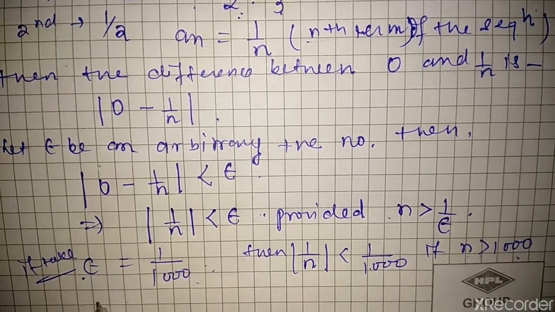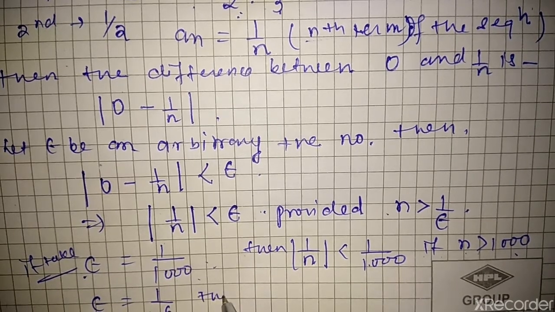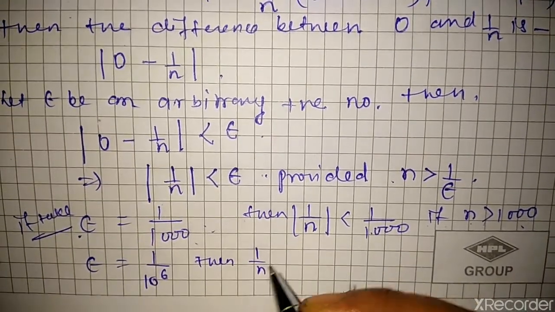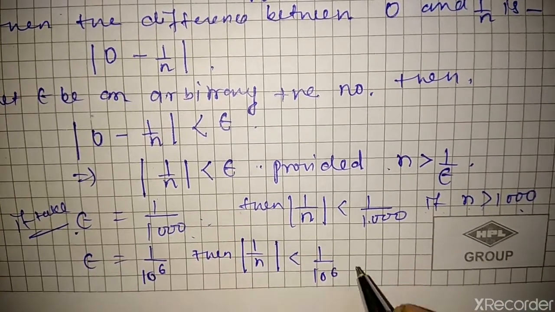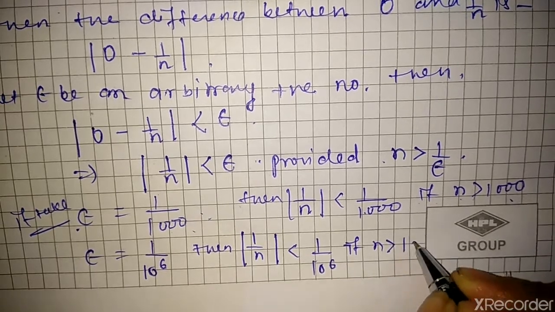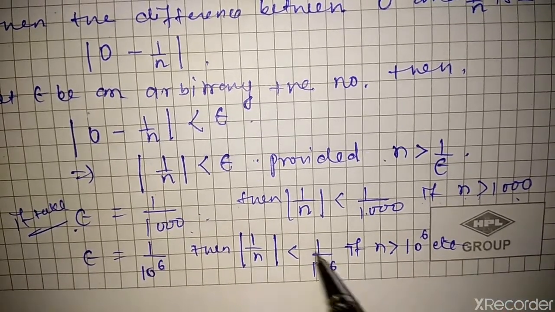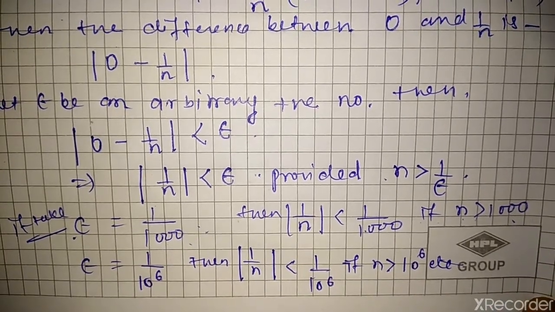Or if we choose epsilon equals 1 by 10 to the power 6, then mod of 1 by n is less than 1 by 10 to the power 6 if n is greater than 10 to the power 6, and so on. These conditions go on up to infinity.